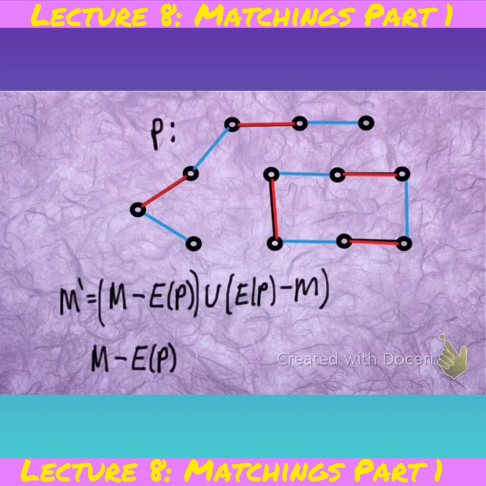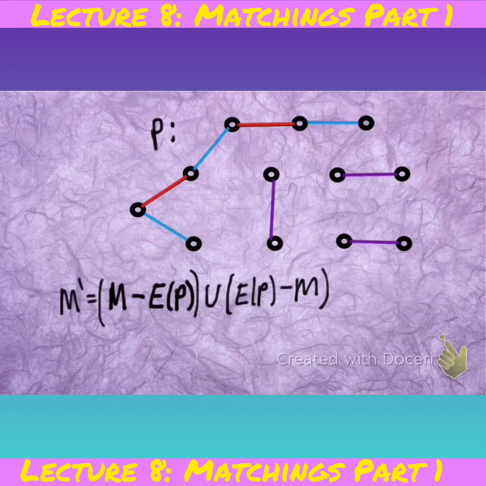So we form our new matching M prime. We're going to call that a purple matching. There is my new matching. Okay, so that is pretty much that set taken care of.